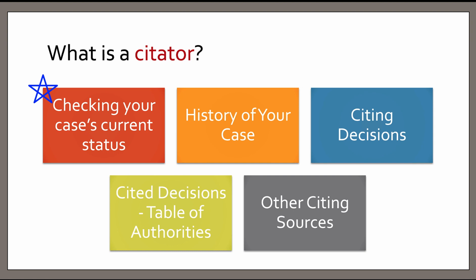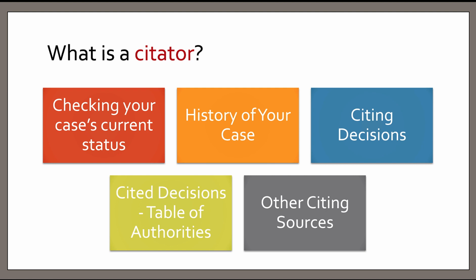A citator will tell you this first by using a colorful symbol to indicate the treatment of your case, and more fully by providing a list of later cases and how each one has treated your case. A citator also provides a history of your case, how it has proceeded through the court system, and where it is now. If your case has been further appealed, for instance, the history report will reflect that.